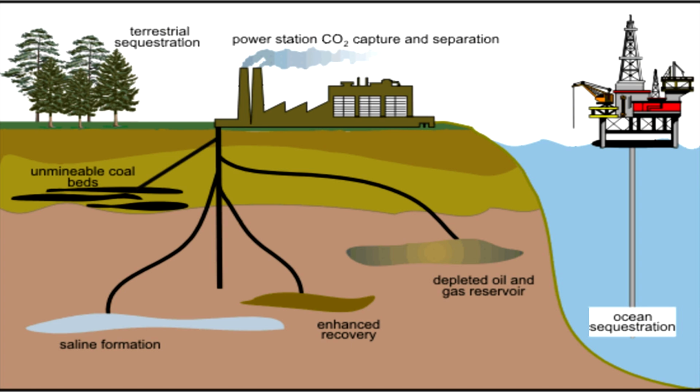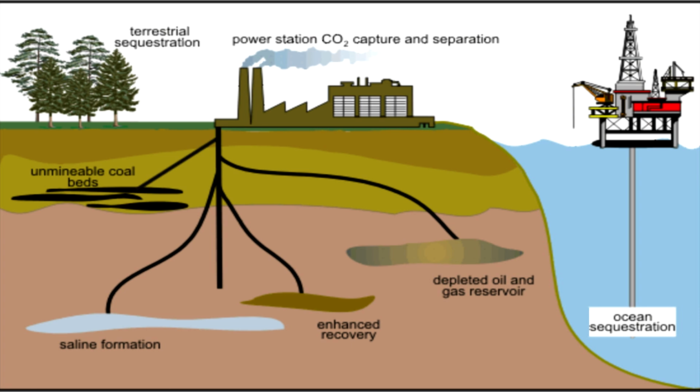The first is what is called unminable coal beds. It's a fancy term for the coal veins that cannot be mined. The second type is the depleted oil or gas reserves. Very simply, the empty oil and gas fields, once they have been exploited, where you could put the CO2 back in.